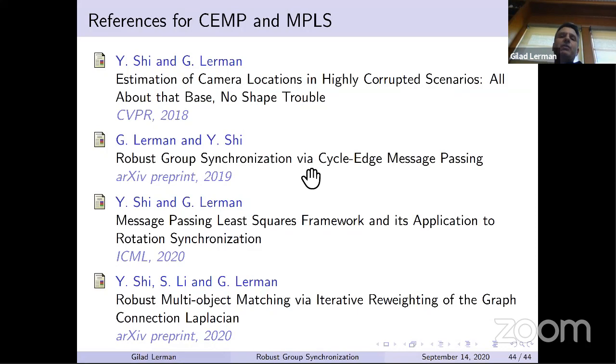The application to rotation synchronization just appeared in ICML, and we also have a preprint on applications to multi-object matching, where we use permutation synchronization, and there are some interesting things about how things apply for the discrete group of permutations, and how you can see a very direct relation to the graph connection Laplacian in our method.